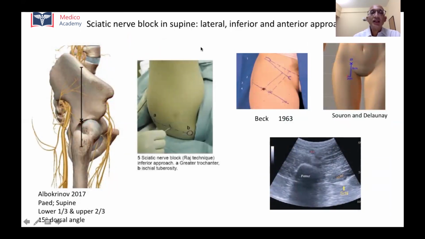Now, some unusual approaches to sciatic nerve: lateral, inferior, and anterior approach, and these are all to be done with patient lying supine position.